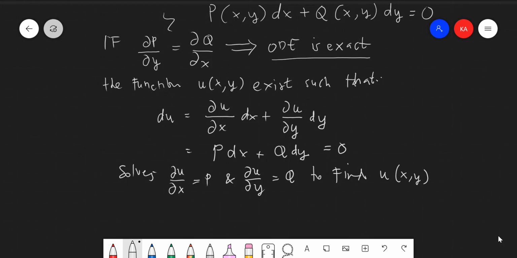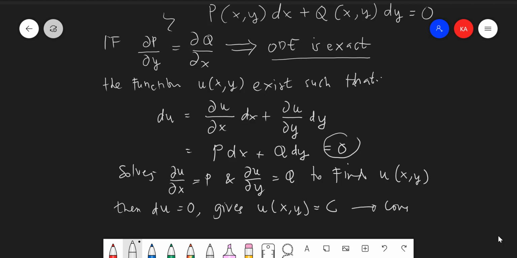Then we can see that du is 0, so u(x, y) becomes a constant, and c is the constant. Okay, so these equations give the general solutions.